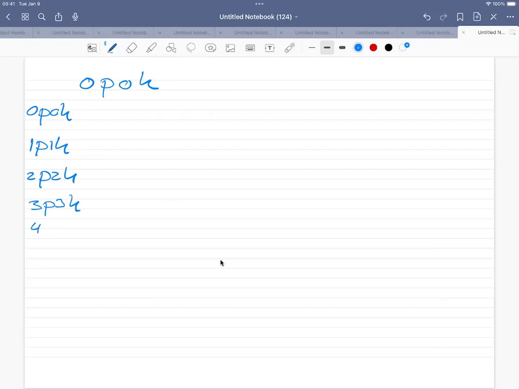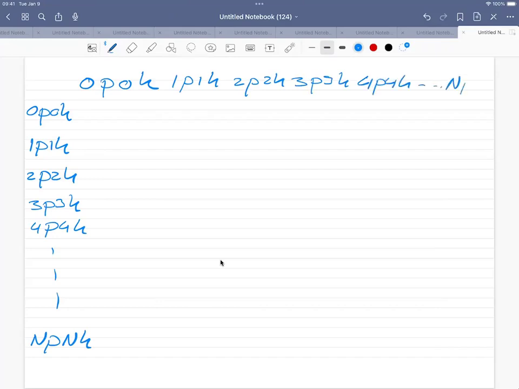I'm just going to do it up to 4-particle, 4-hole. And then this continues down to n-particle, n-hole, which is the total number of excitations which we can make. So I have a 1-particle, 1-hole, a 2-particle, 2-hole, 3-particle, 3-hole, 4-particle, 4-hole, and this goes all the way up to n-particle, n-hole.